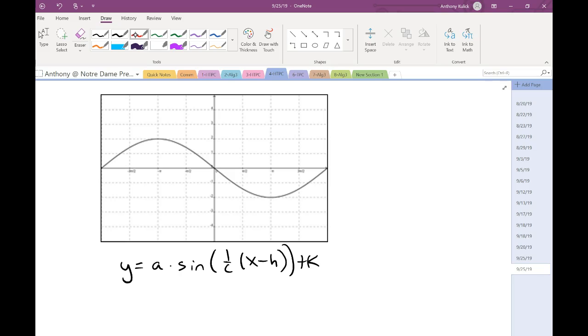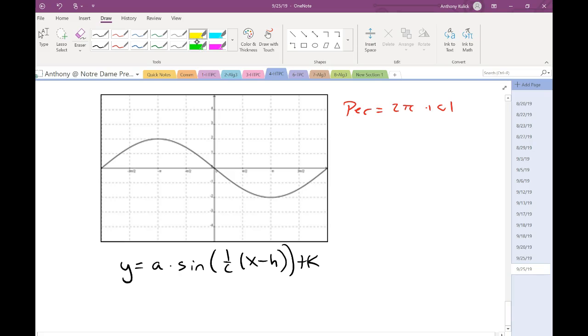C. Okay, we can start with C. Which one of those four attributes relates to C? Period. So I know the period is 2 pi times the absolute value of C. Everybody okay with that?